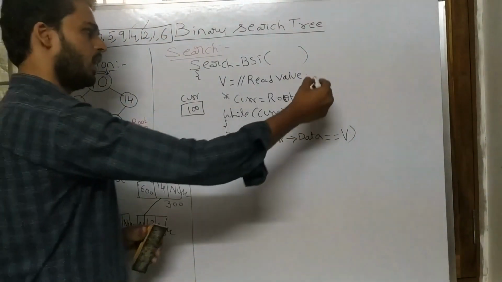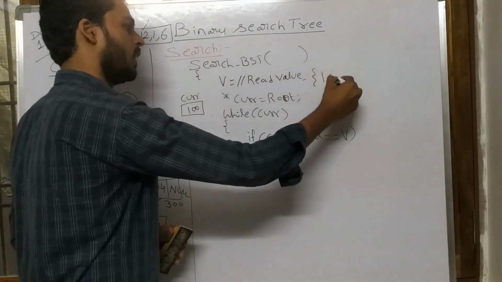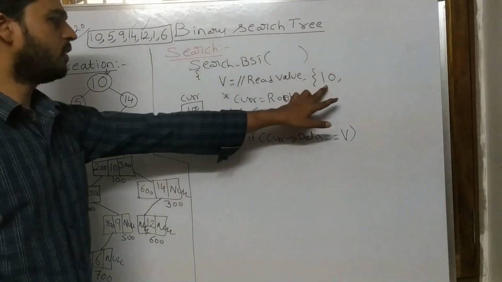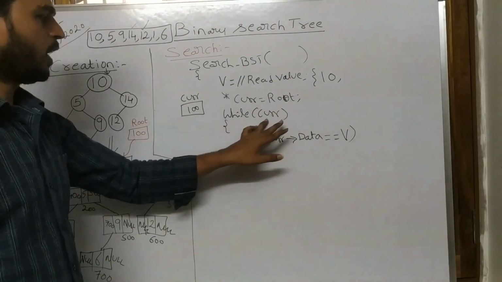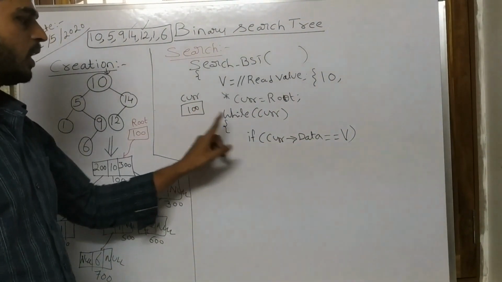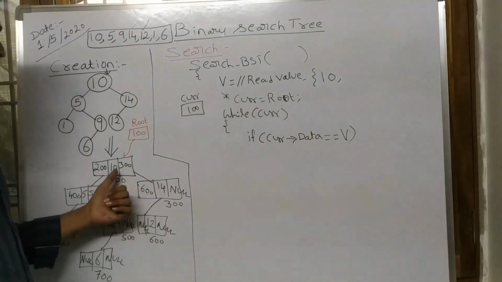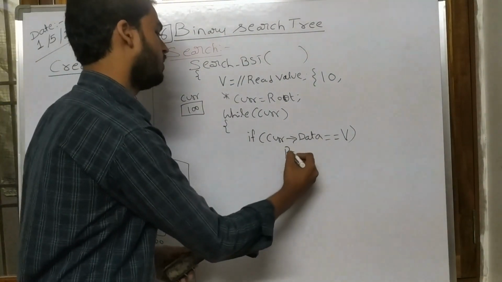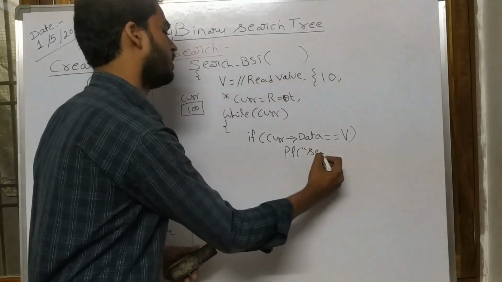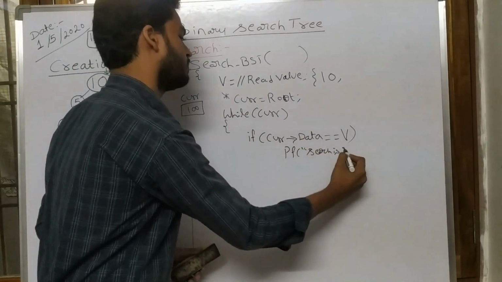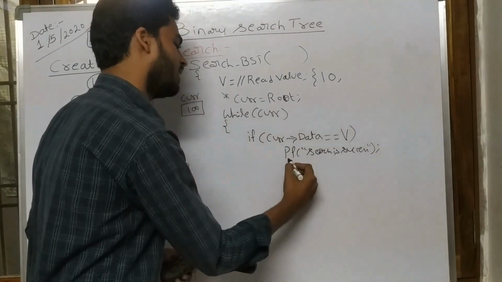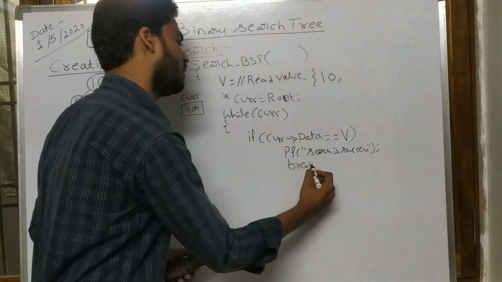For example, I have read the value 10 and current is 100. While current is a positive value, yes, current is 100. Current->data is 10. Is 10 double equal to 10? Yes. Then what will I do? printf search is success.